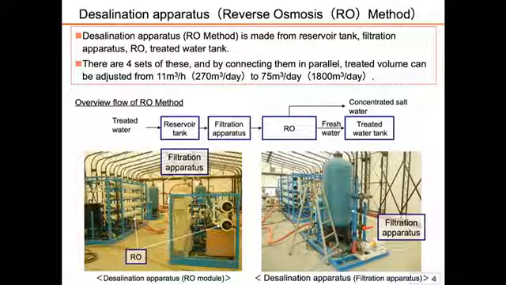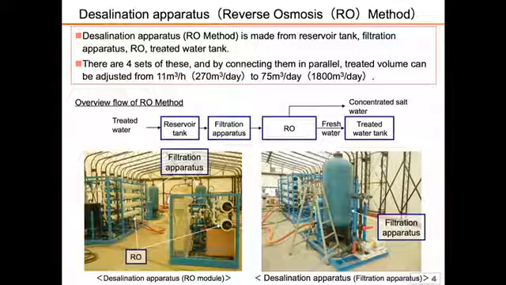This is the outline drawing of the desalination plant shown by the picture. The left picture shows the RO membrane module. The fresh water penetrates from the seawater side via saltwater injection to the point that looks like a white pipe. After that, starting from the right-hand picture, the water is divided into the concentrated salt water and the processing tanks after passing through the filtering apparatus and RO membrane for desalination.